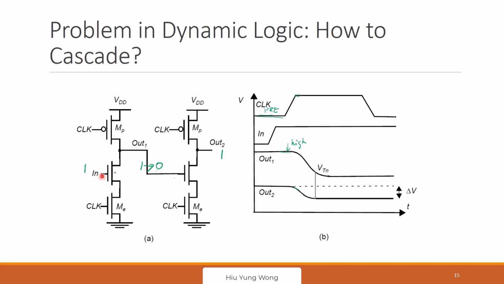But actually, my evaluation should give me 0 because this is high. But it takes time to realize that this should be 0, and the output has already discharged to some extent. This is like the glitching effect, but not recoverable.